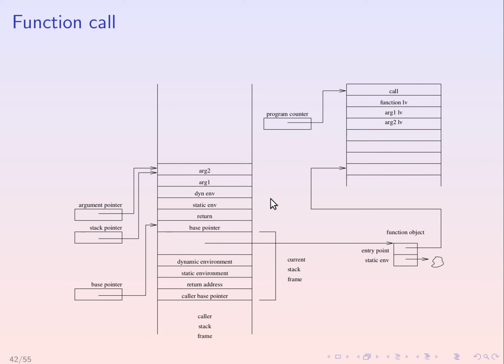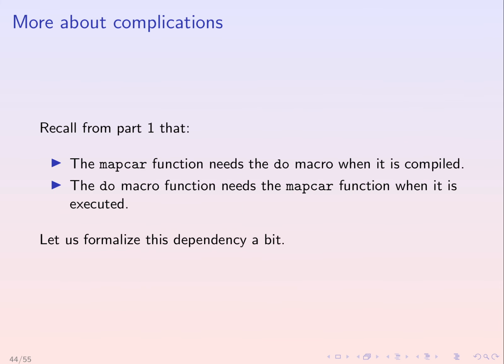And now all we need to do is to change the program counter so that it points to the first instruction of the callee. So that concludes my description of the abstract machine that is part of this first strategy.